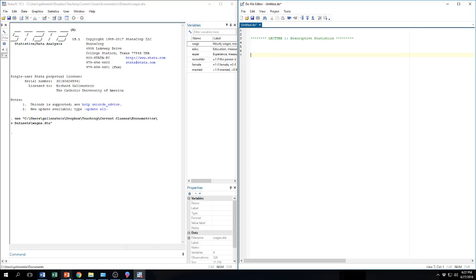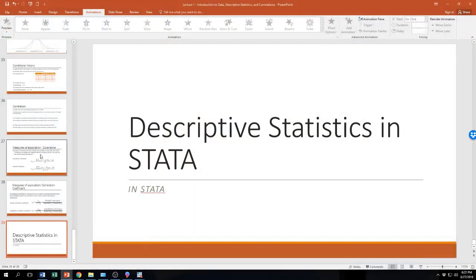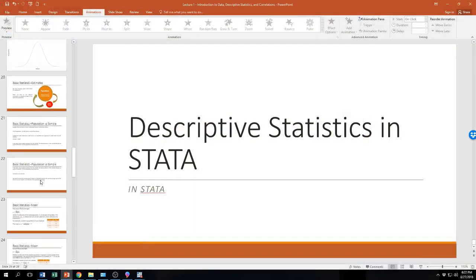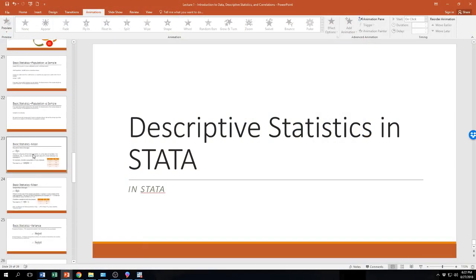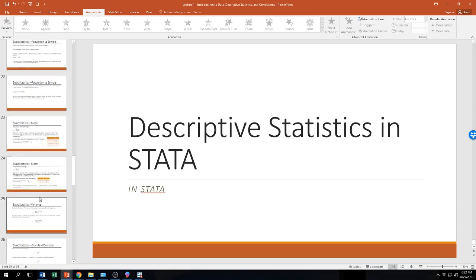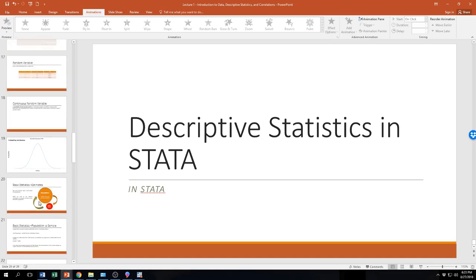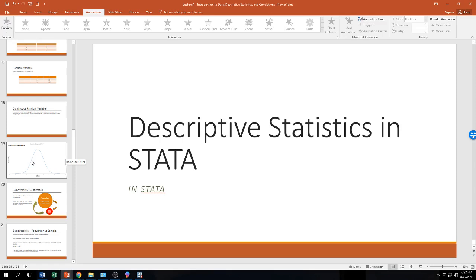Okay, so let's remind ourselves, what are some of the things that we want to look at? So this is our lecture. Let's generate some descriptive statistics. So let's look at the mean, the variance, the standard deviation of some of our data. Let's think a little bit about what the distribution of our data looks like.